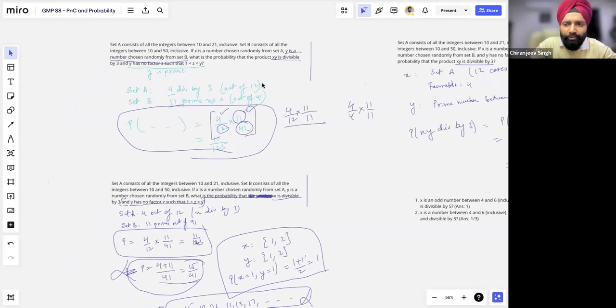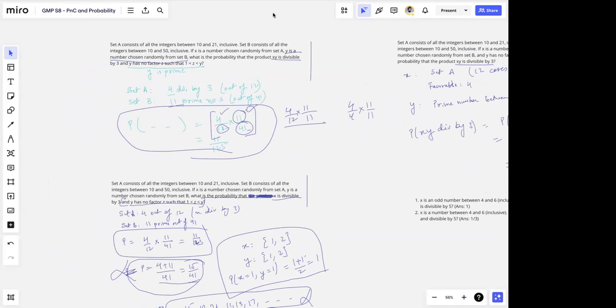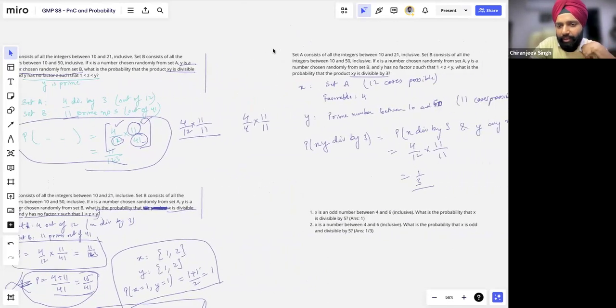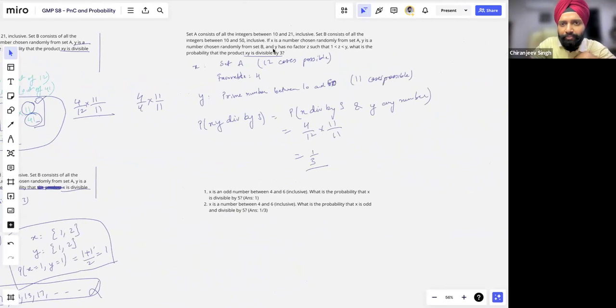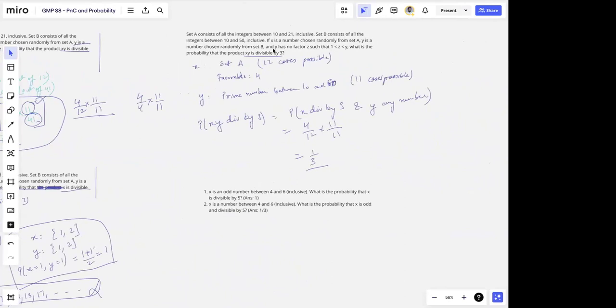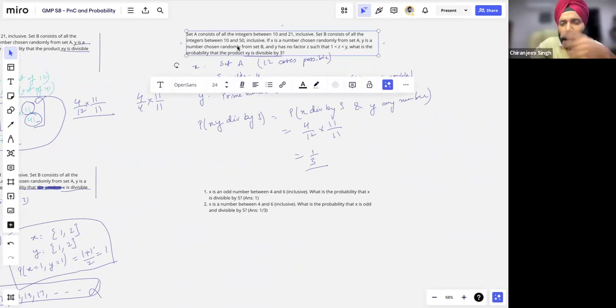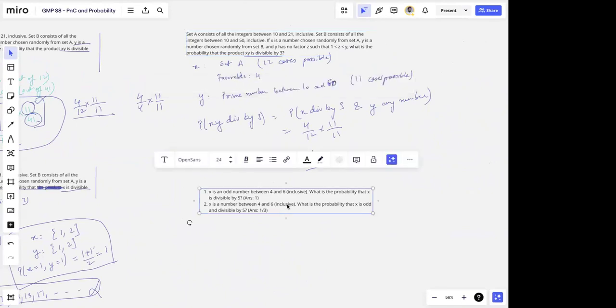Were you there? Yes, I was there, but if we consider here, I don't know how to make them dependent. X and Y will remain independent anyway because we are choosing them separately. Fine, in this question we can't make it.